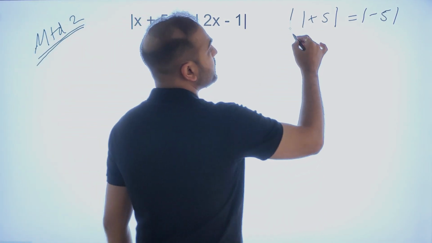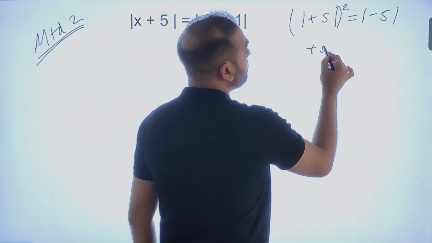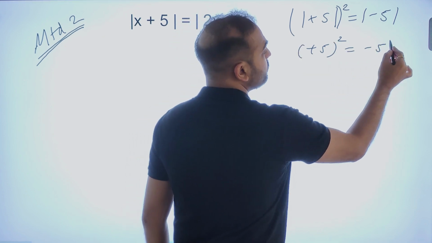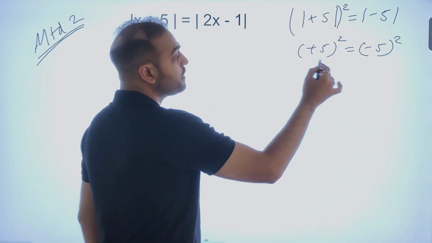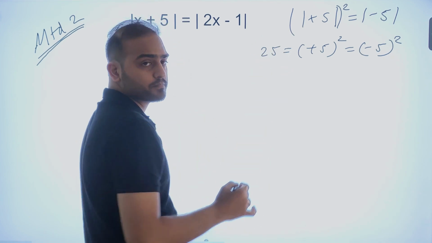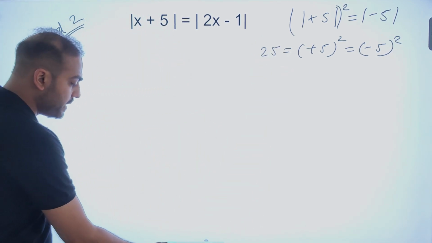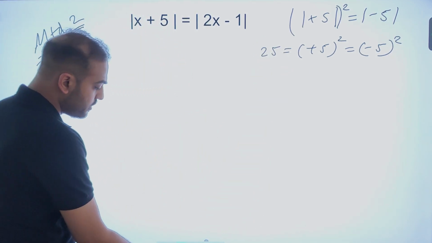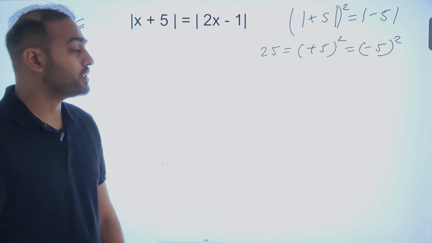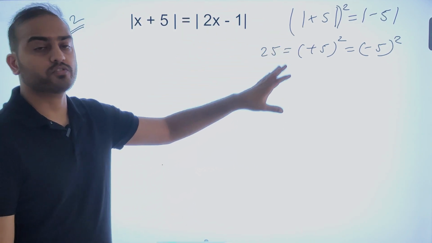If I just do plus 5 square and minus 5 square, both of them give me 25. So point being that if you square, you get the same answer. So this is where our method number 2 comes from.